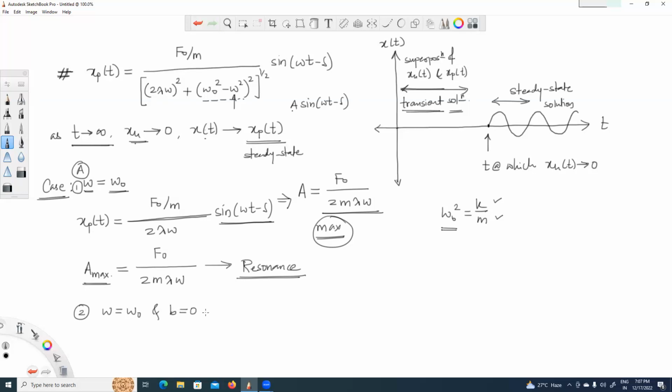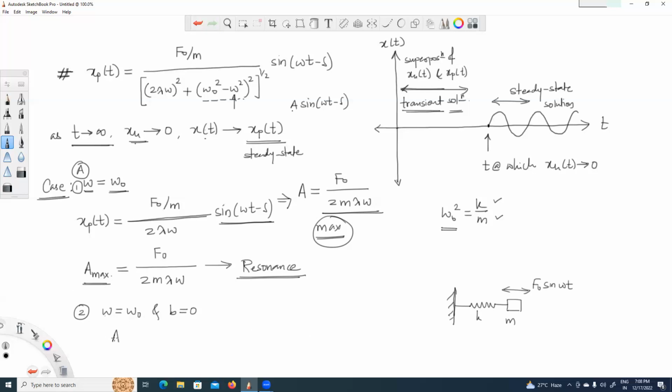So I just have this spring mass system. Let's say this is a spring, K, and this is some mass, M, with no damper, and I'm applying a periodic force F naught sine omega t. So what will happen here? For omega equals omega naught, I have this maximum.